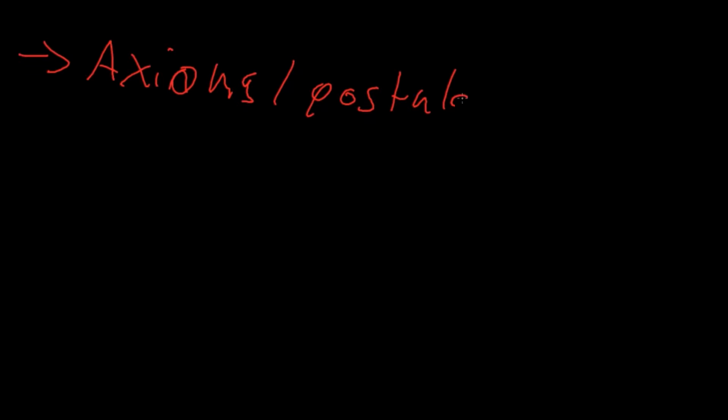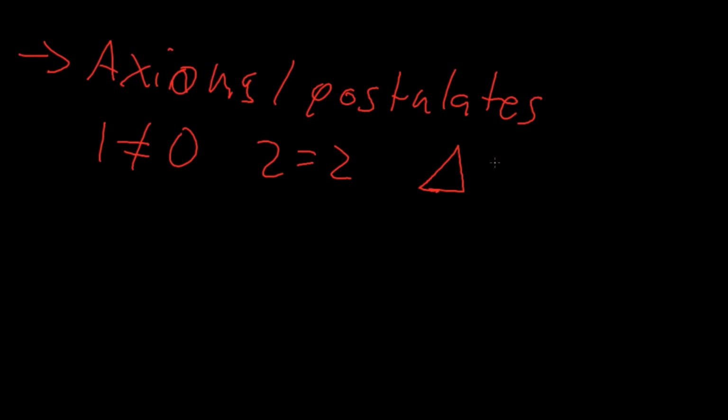When we prove things, the first thing that we need are axioms / postulates. And these are undeniably true statements. 1 does not equal 0. 2 equals 2. A triangle has 3 sides.